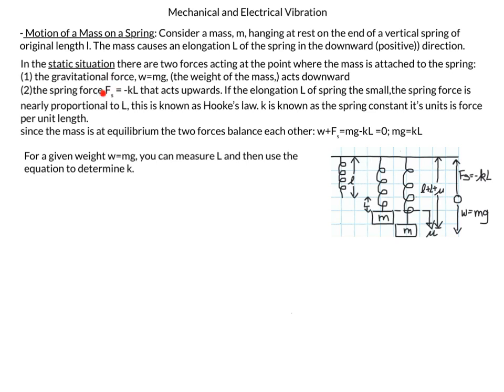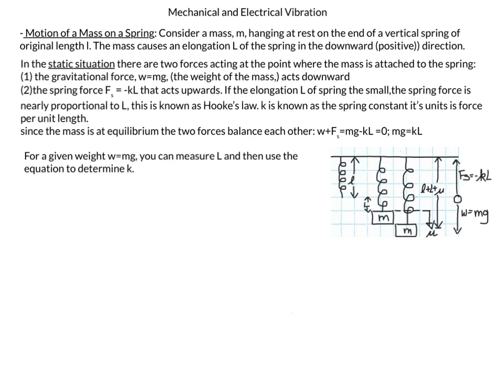The spring force, designated with the capital F and the subscript s for spring, is equal to minus kL, and that acts upwards, trying to restore the spring to its unhindered state. So if the elongation capital L of the spring is small, the spring force is nearly proportional to L, and this relation is known as Hooke's law, and that's what is written here.